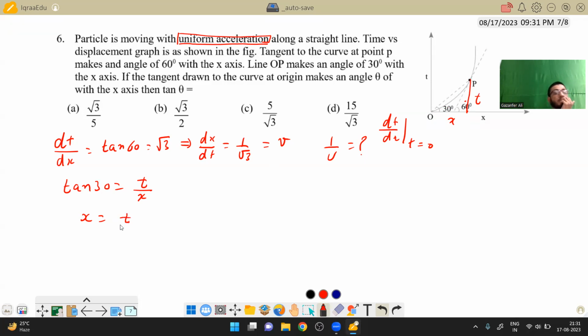So x is root 3 times t. And that is equal to ut plus half at square. So what we get is root 3 is equal to u plus half at.